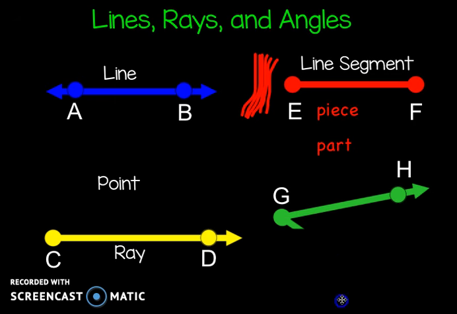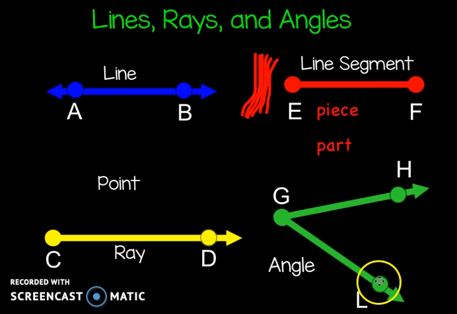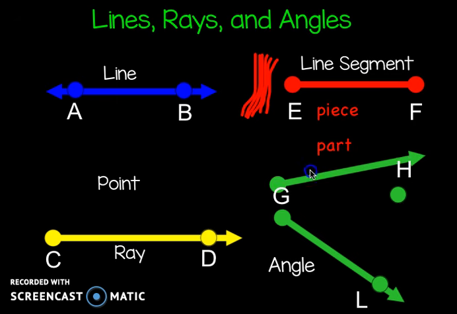And now, this is an angle. This is angle HGL or angle LGH. Well, what is an angle? An angle is when two rays or two lines or two line segments intersect. Intersect means cross over or come together and join together. This particular angle has a vertex.